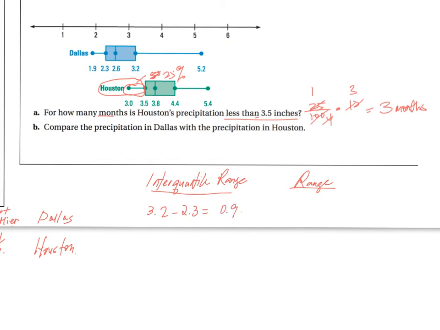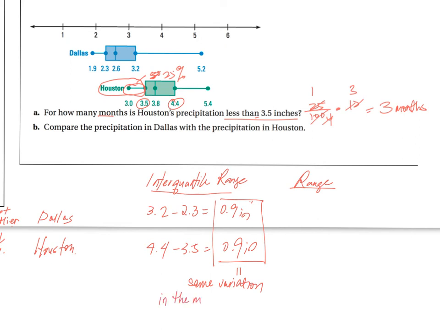And that will be 0.9 inch. And for Houston, it will be 4.4 minus 3.5, which is also 0.9 inch. So basically I took this part and subtracted 3.5. And as you can see, they are the same. So I'm going to conclude that Dallas and Houston have the same variation in the middle 50% of the data. So basically, the middle would be considered the box area, okay?